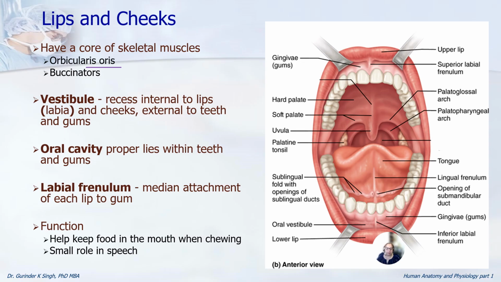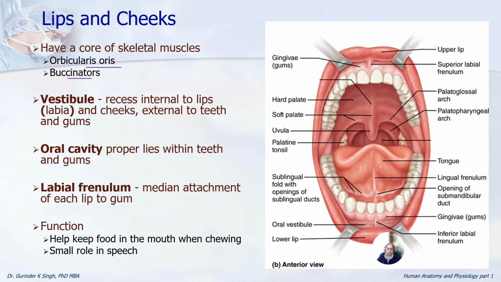We also have the buccinators, which are present on the lateral sides of your mouth cavity, or buccal cavity. Those are the two major muscles. We do have other muscles in the cheeks and face, but they are not involved in chewing or associated with the buccal cavity.